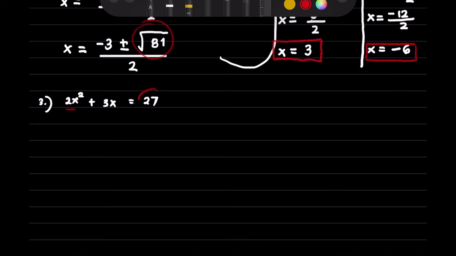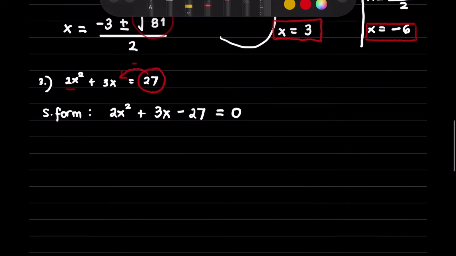So, kailangan natin ilipat si positive 27 sa left side. So, we have the standard form. We have 2x squared plus 3x minus, kasi magiging negative na to, di ba? So, minus 27 equals 0.